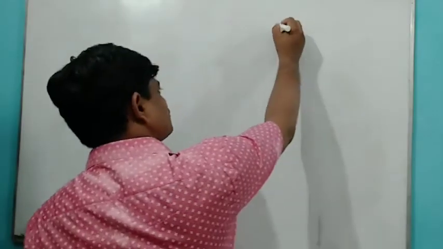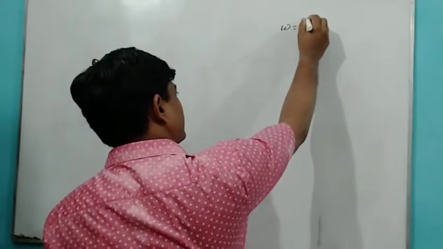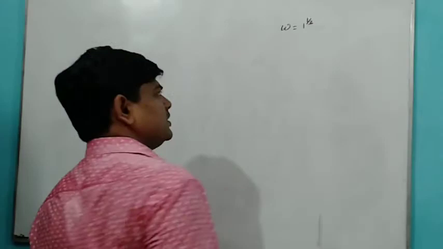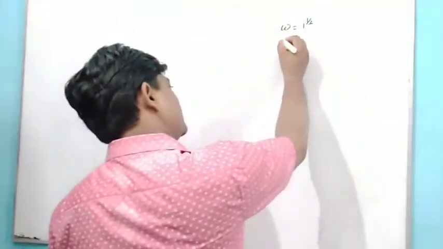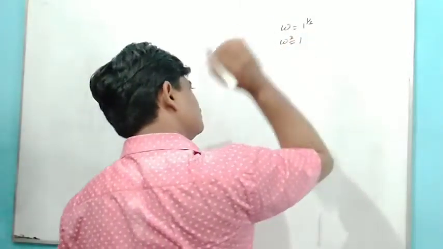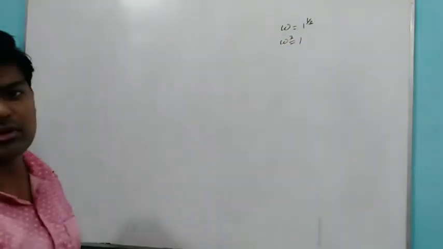So omega is equal to, I can write, 1 to the power 1 upon 3. This is the cube root of unity. So if I am cubing both sides, I'll have now omega cube is equal to 1, if I am not wrong.